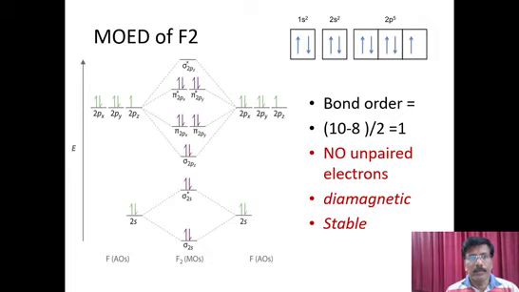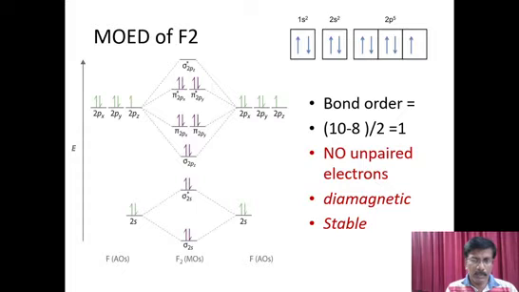Now, another molecule, F2, that is fluorine. Fluorine is a halogen, and you can look at its electron configuration: 1s2, 2s2, and 2p5. So 5 plus 4, altogether 9 electrons. F2 molecule means 9 plus 9, a total of 18 electrons. When the total number of electrons is 18, we can expect the same diagram as we just saw for O2 minus 2, because O2 minus 2 also has 18 electrons.